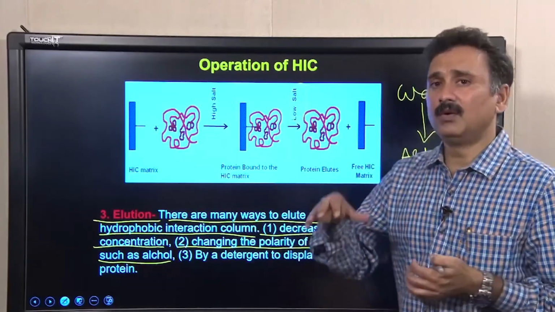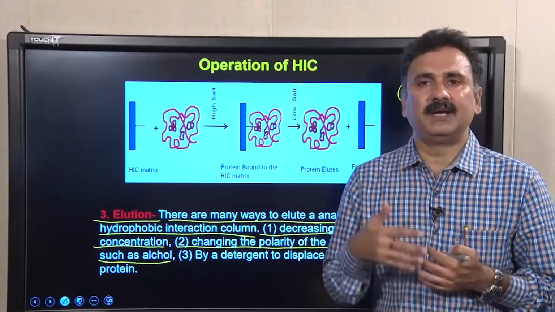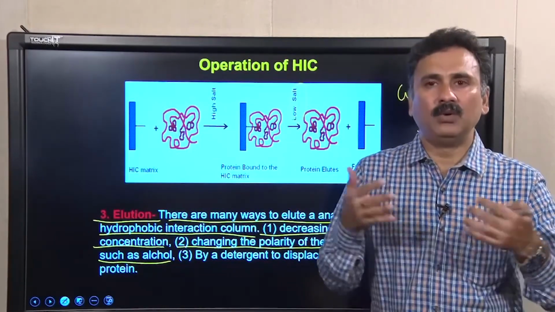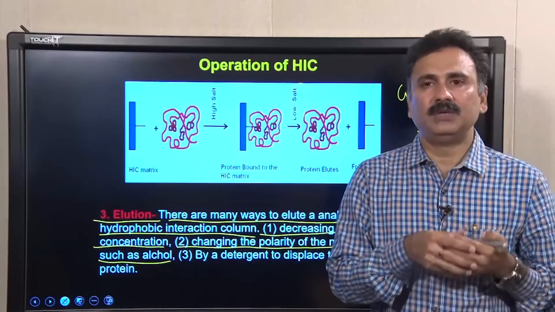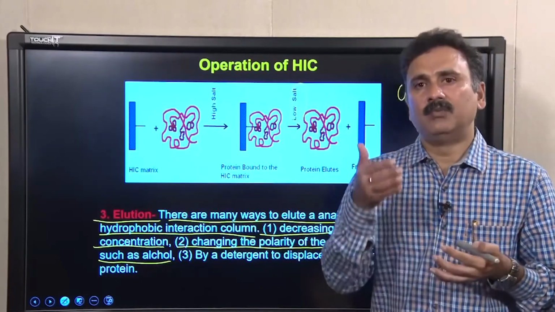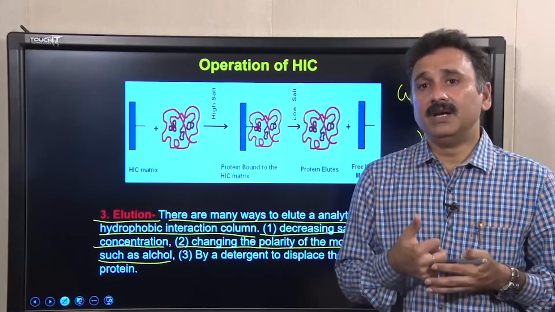In those cases only, you are going to use other polar solvents such as alcohol and acetone, but the only disadvantage is that once you elute with alcohol or acetone, the protein may come out from the column, but it may get denatured.